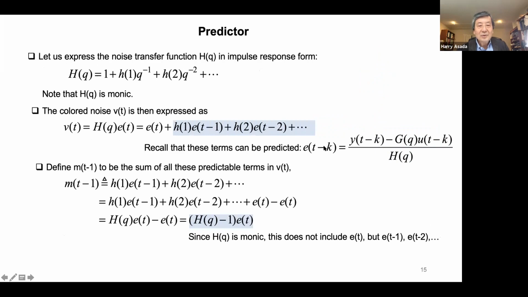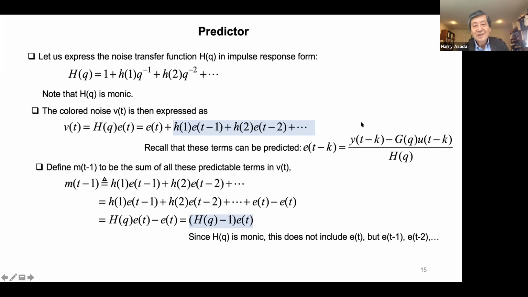Suppose H(q) is given by this type of impulse response form, and it is assumed to be monic, with 1 sitting here. So the colored noise v(t) can be represented as e(t) multiplied by each term, where the time shift operator is used to create e(t-1), e(t-2), and so forth.